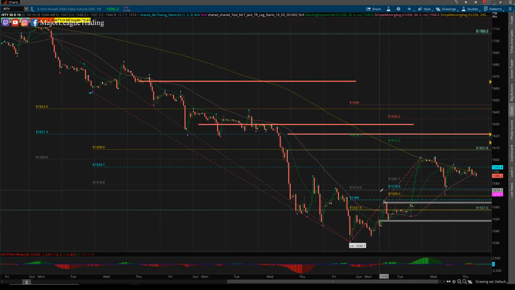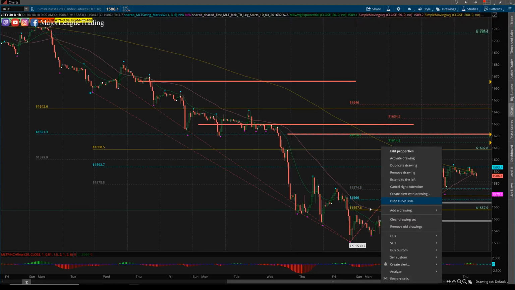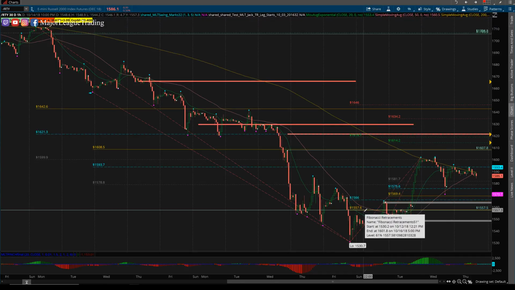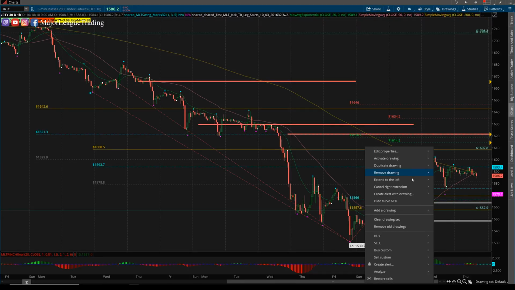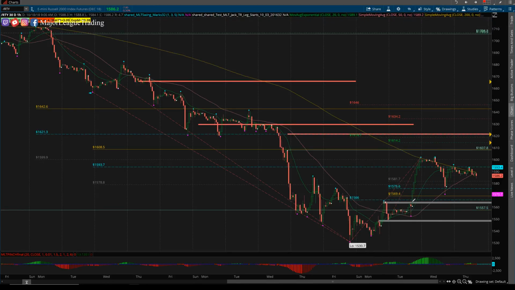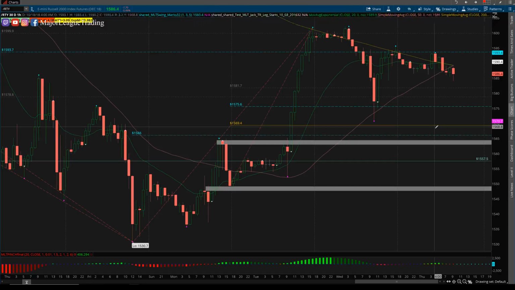So I'll actually get rid of this. Get rid of that. I do want to be aware of that zone. Now, one of the things that could happen right in the morning, guys, this is a pretty light offer.